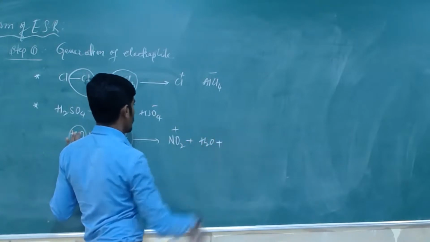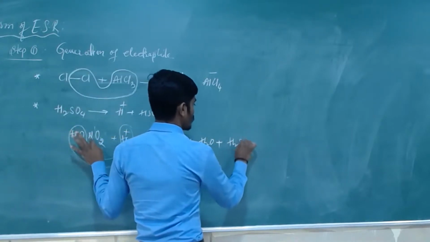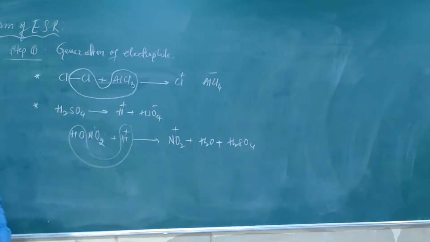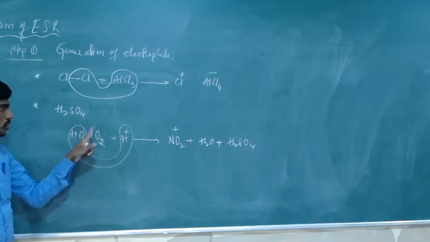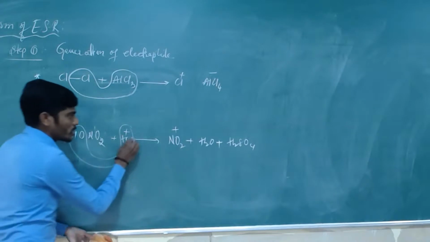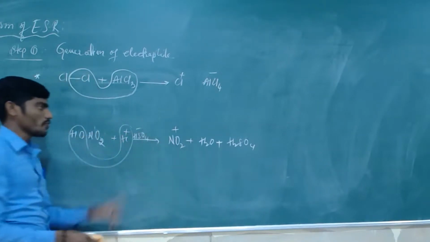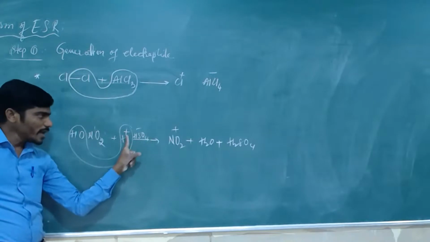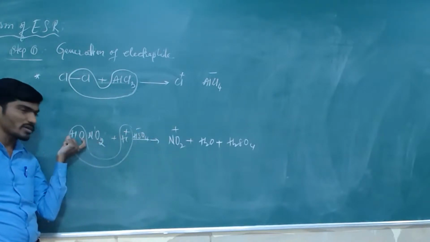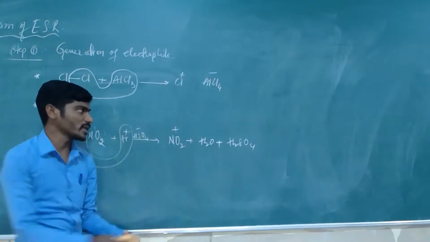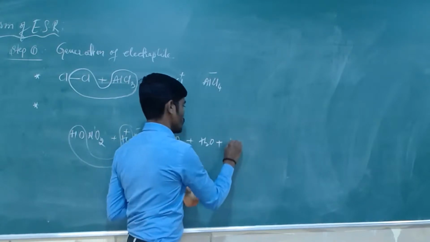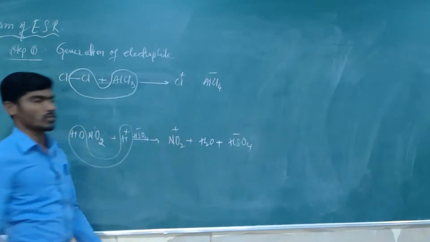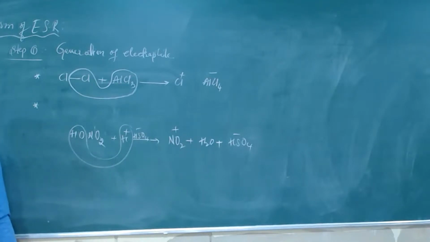So from the nitrating mixture, we get H2O, HSO4 minus and NO2 plus. NO2 plus is the electrophile. This is the second reaction.